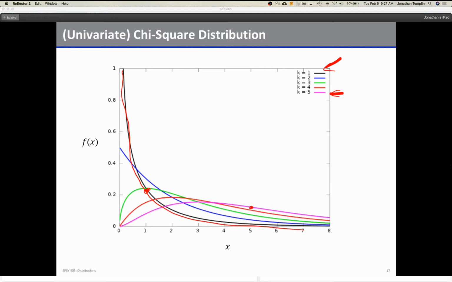When the value of nu is close to 0, this is a skewed distribution with most of its mass on the left side, but positively skewed as you go forwards. The mean gets pulled out by that tail on the right side. But as the degrees of freedom gets larger, this distribution moves off 0 and starts to look a little bit more like a normal distribution.